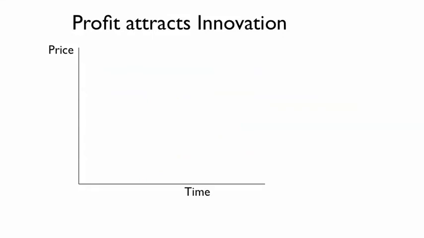She also mentioned that profits attract innovation, and what we note is that over time the price of a lot of products tends to go up and down in this zigzag fashion, and the reason that occurs is because as the price of something increases, that attracts attention, that attention turns into competition, and in many cases the competition comes in the form of a new innovation.